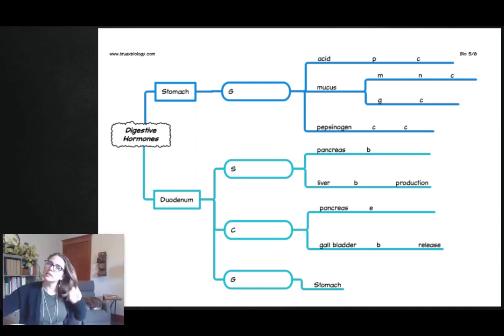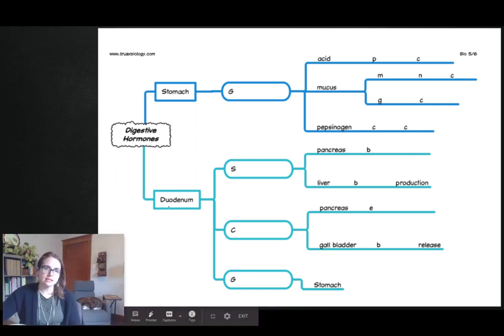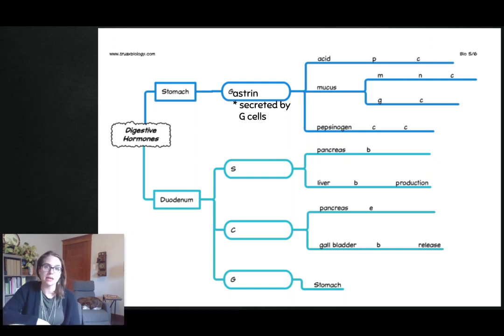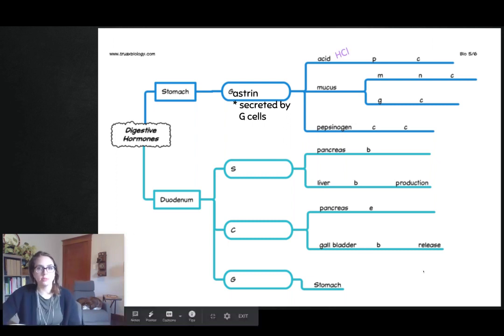And so when we get into the intestines, there's obviously some more that we'll get through, but for our stomach, the hormone I want you to know about is called gastrin. And so you can think gastric acid, stomach. Gastrin is a hormone, and it is secreted by these cells called the G cells that are located in your stomach. Now, this gastrin hormone affects all of those other important secretions that we've already talked about.